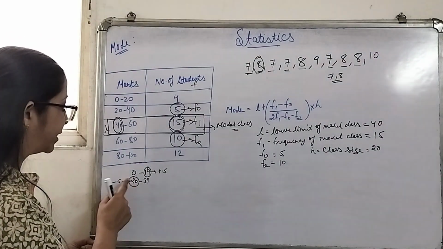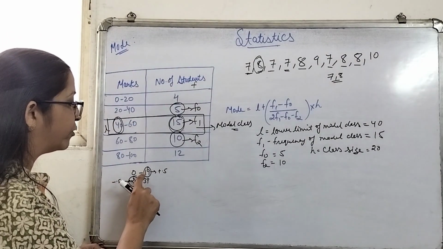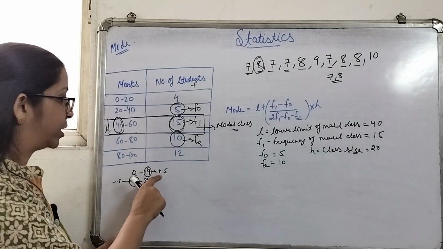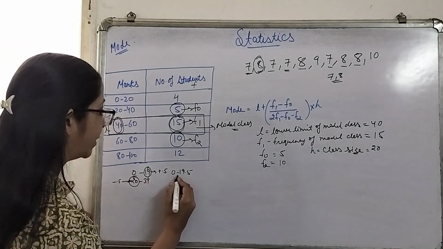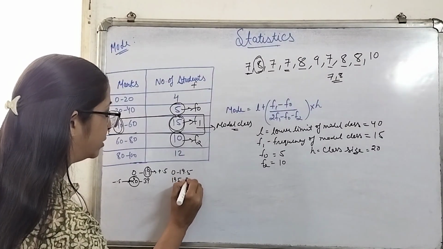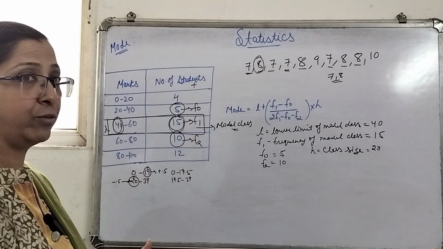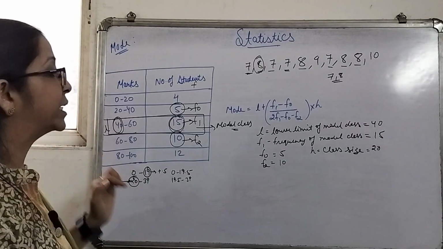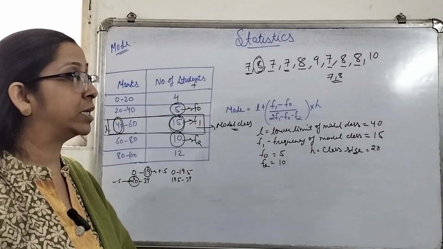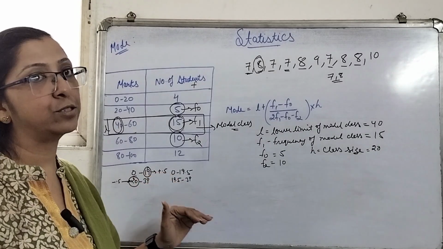So we subtract 0.5 from this number and add 0.5 to that number. So this becomes 0 to 19.5 and this becomes 19.5 to 39.5, whatever the number comes to. Accordingly we will decide, but the class interval should always be continuous.